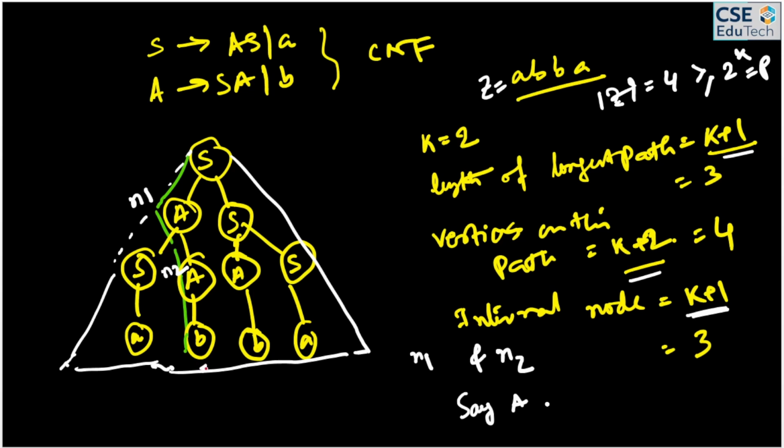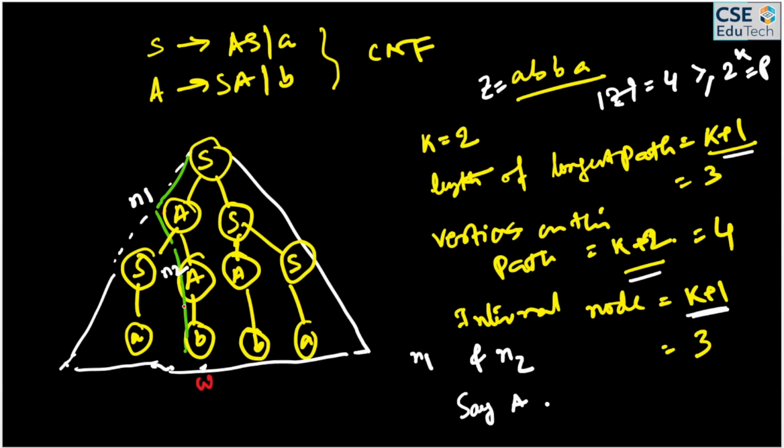So the yield rooted at the vertex n2 is w. And the yield of n1, that is this n1 vertex, we consider it is v w x.